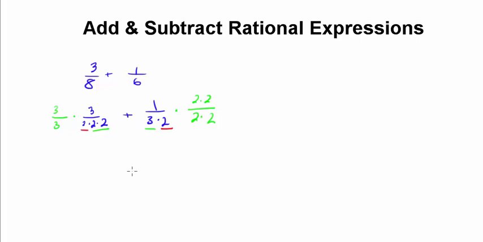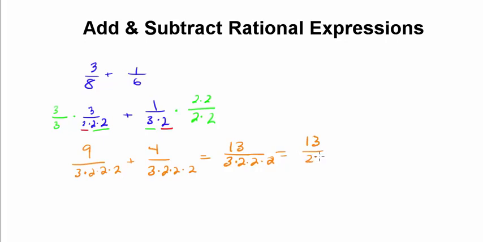This will result in 9/3 times 2 times 2 times 2 plus 4/3 times 2 times 2 times 2, which is a result of 13/3 times 2 times 2 times 2, which we don't typically write as 3 times 2 times 2 times 2. So we would then change that into 13/24.